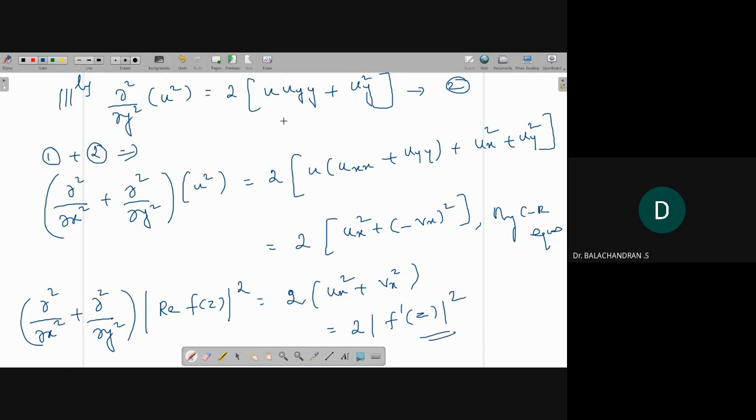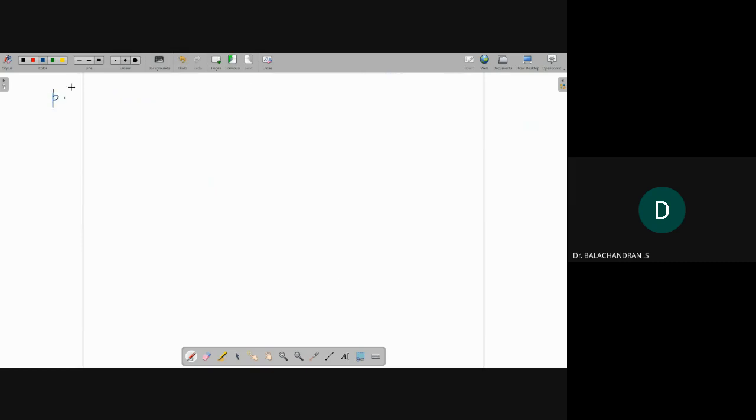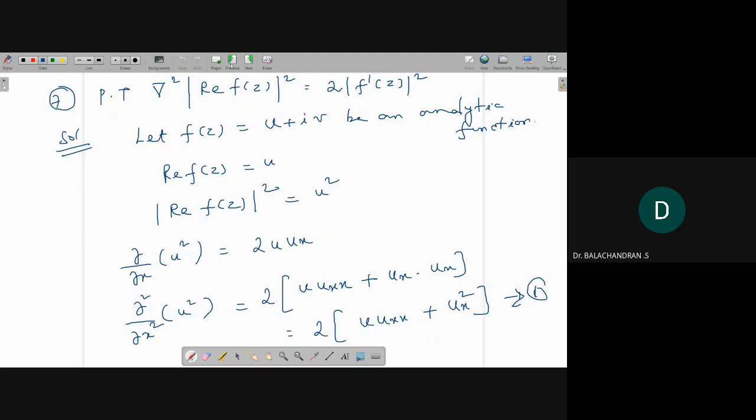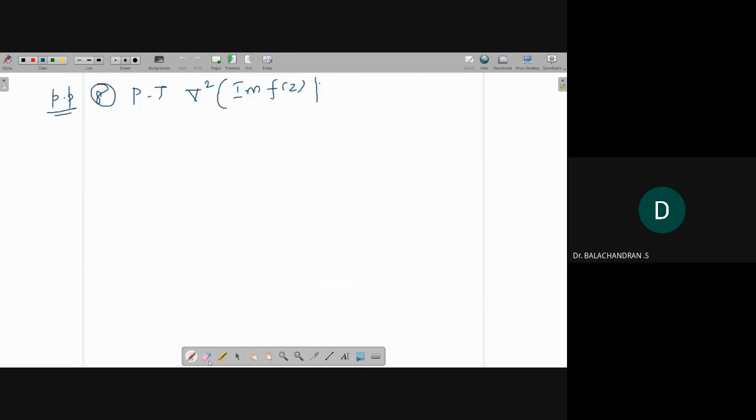and you should try this as a practice problem. The 8th one, prove that del square of the modulus of the imaginary part of f of z whole square equals, let's say, 2 times modulus of f dash of z whole square. I think here also you have modulus. Yeah, modulus, the same idea.